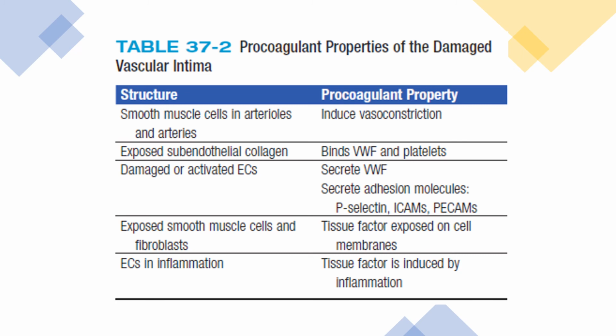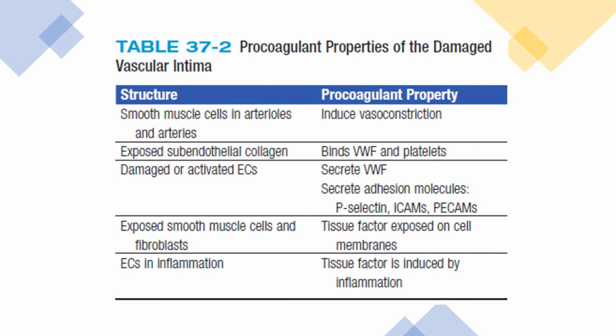So aside from anticoagulant properties, these blood vessels can also help in the stimulation of coagulation, especially when there is damage. Number one, the smooth muscles in the arterioles and arteries will induce vasoconstriction.